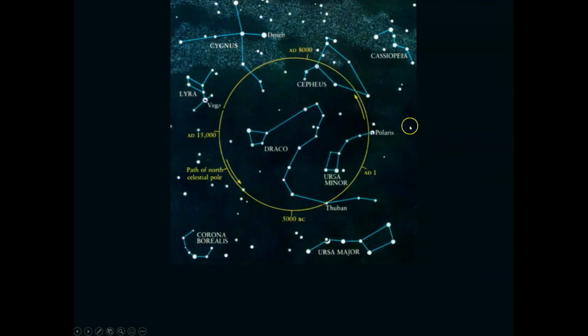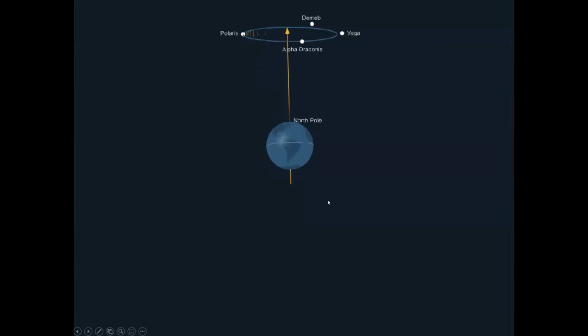Here's just another look at this circle of precession and how Polaris is our current North Star. And as time goes by, we may need to rely on Vega, just as the ancient Egyptians once relied on Thuban for their North Star.